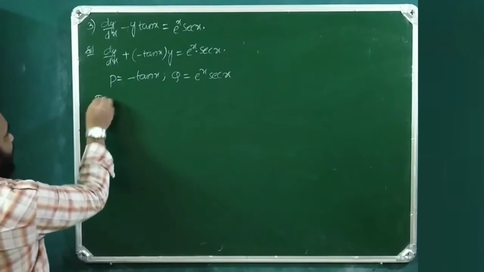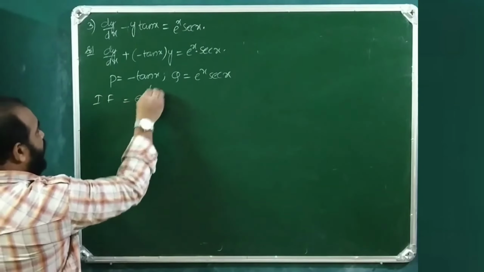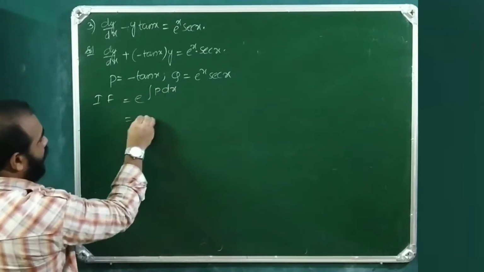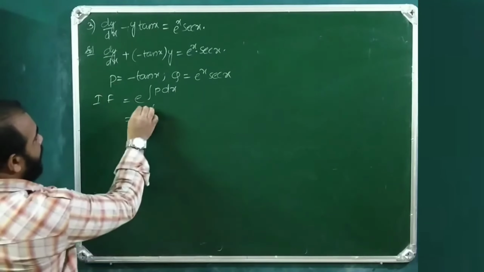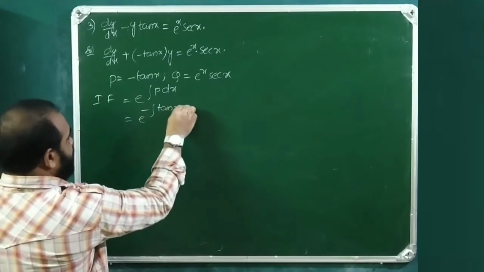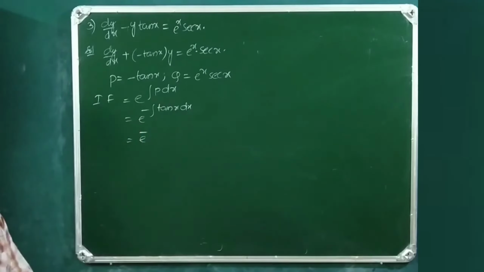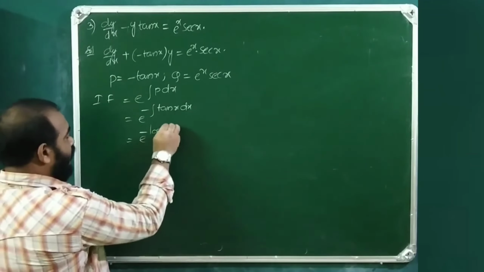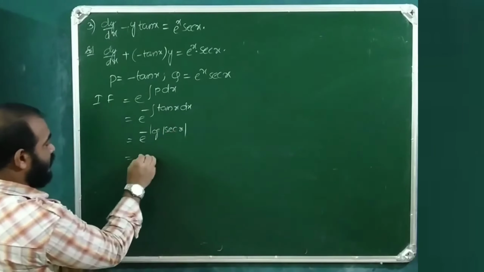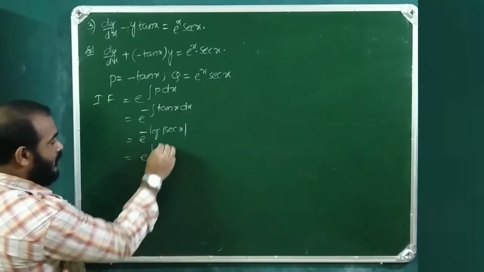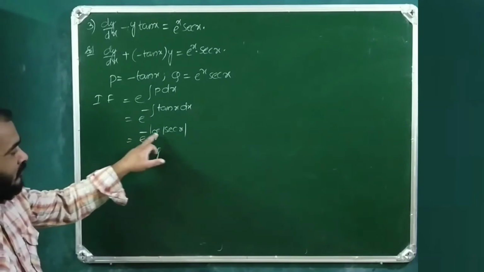So the integrating factor is equal to e power integral p dx. E power integral of minus tan x dx. E power minus integral tan x, which is log modulus of secant x. So e power minus log secant x.